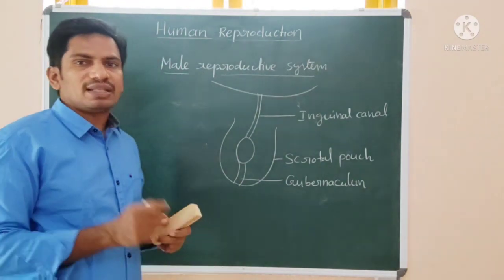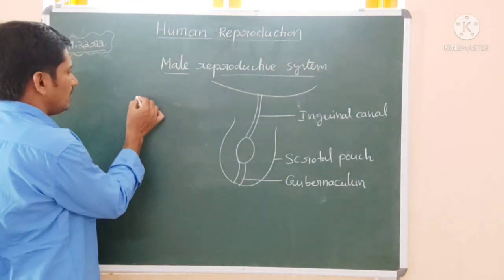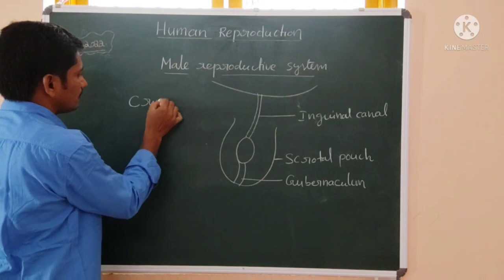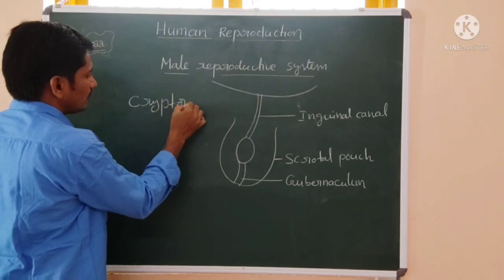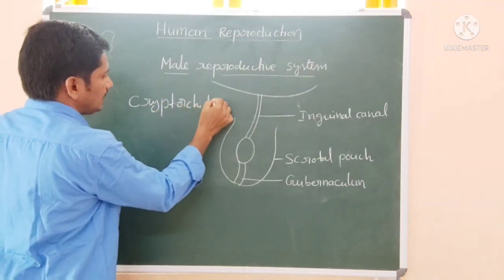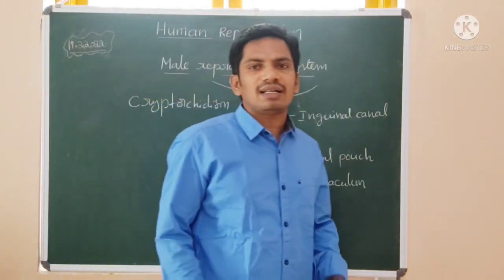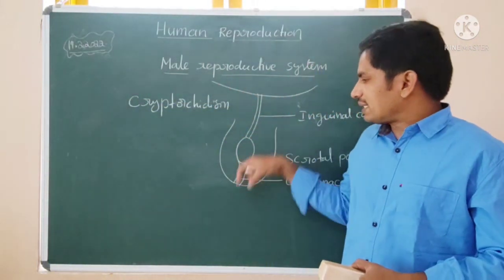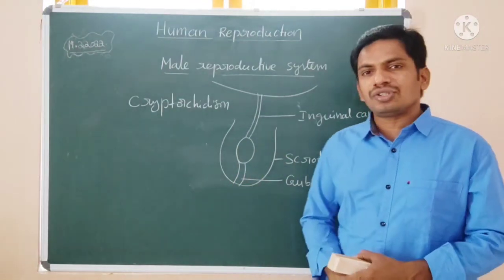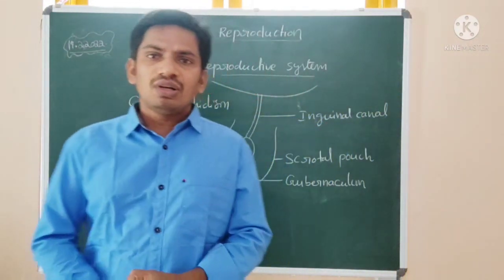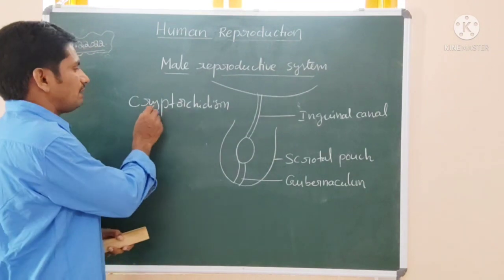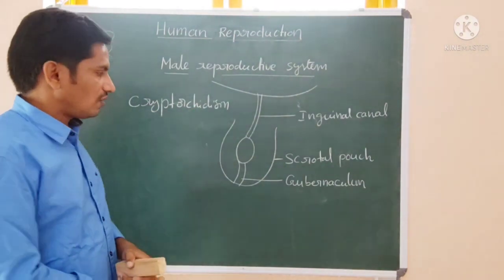That condition is called cryptorchidism. Cryptorchidism means the testes fail to descend into the scrotal pouch even after birth. That condition is called cryptorchidism, right?